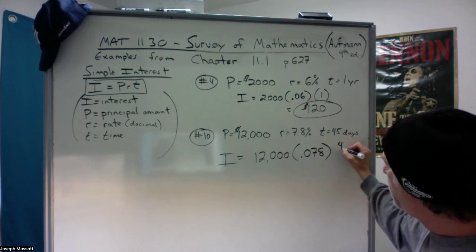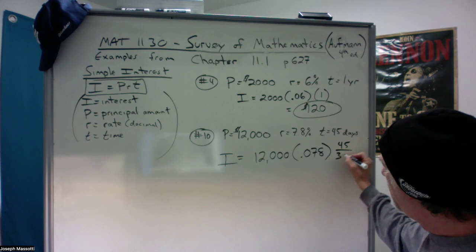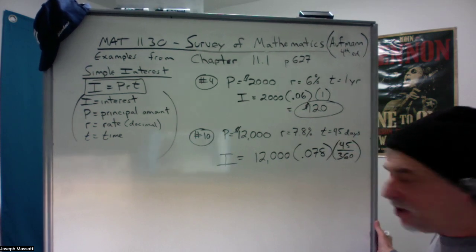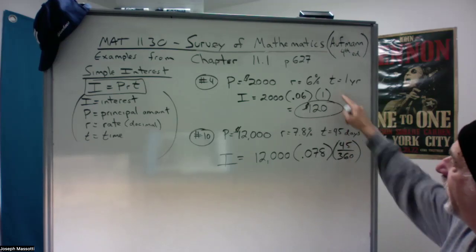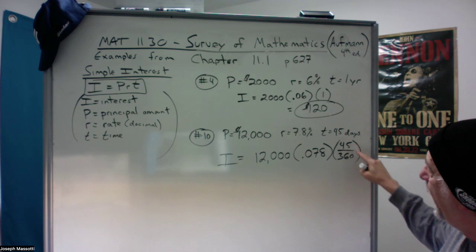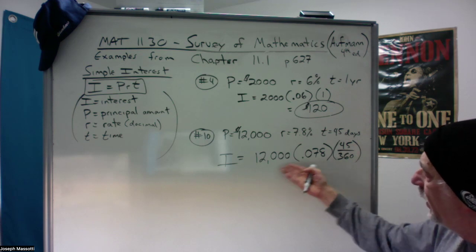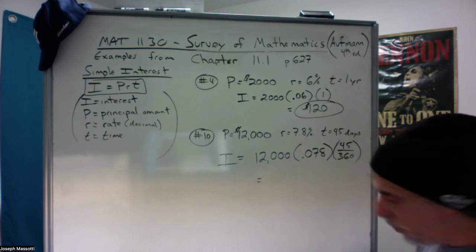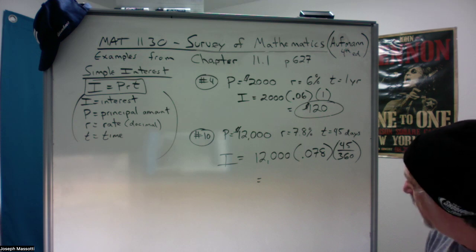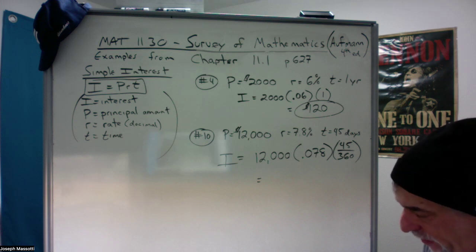And this time we're using 45 out of 360 days. So that's different than here. This was 1 year, so 1 year. Here it's 45 days out of 360. So this is the calculation that we're making here. 12,000 times 0.078 times 45 divided by 360.